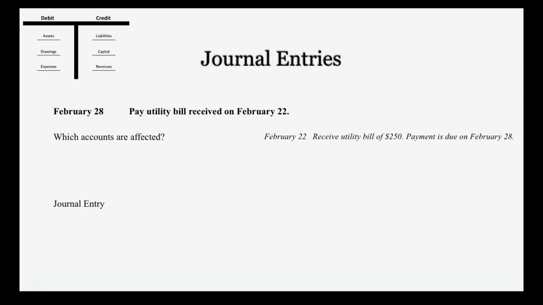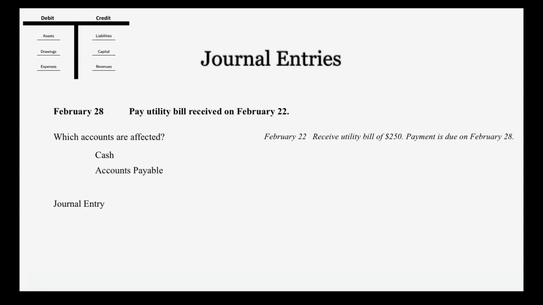Now, we also need to pay that utility bill that we received back on February 22nd. So we need to think about, okay, which accounts are being affected? Well, the first one's going to be cash, right? Because we are paying this bill now, so our cash will have to decrease.